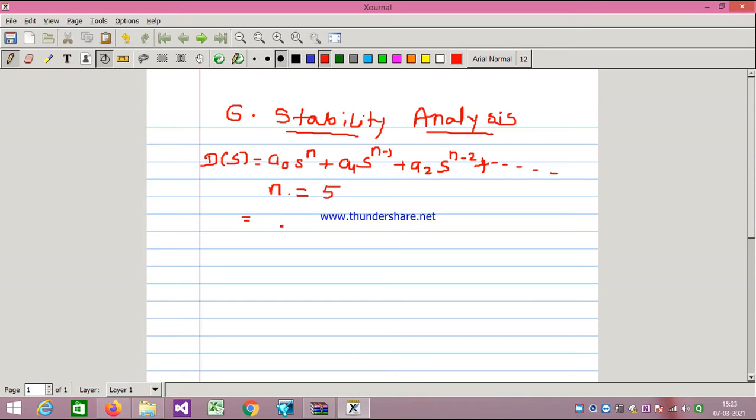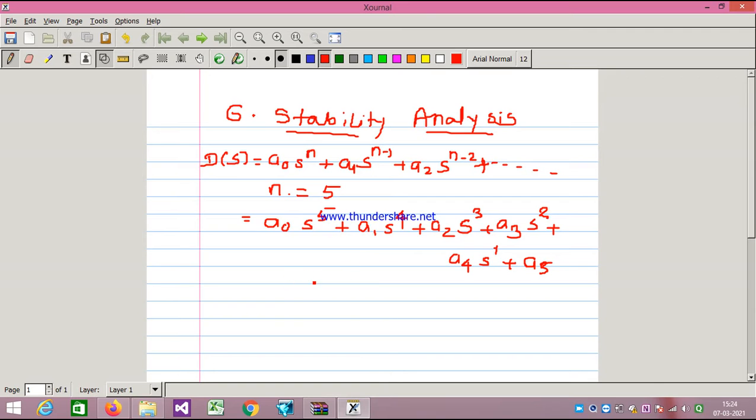So it becomes a0 s raised to 5 plus a1 s raised to 4 plus a2 s raised to 3 plus a3 s raised to 2 plus a4 s raised to 1, and a5 s raised to 0, or we call it a5 only, because s raised to 0 is 1.